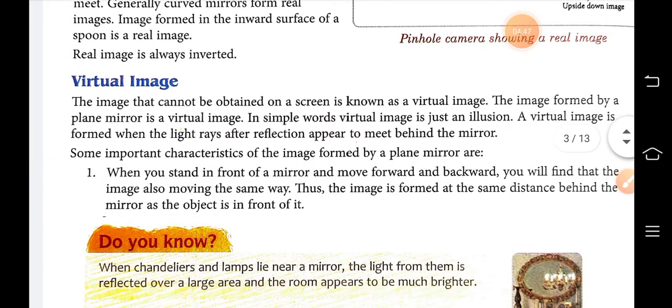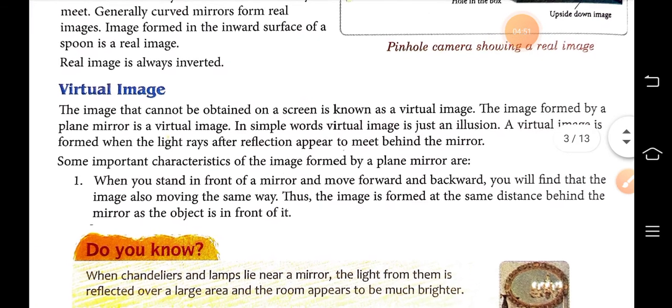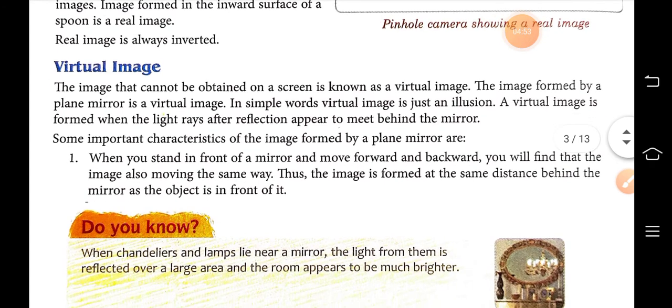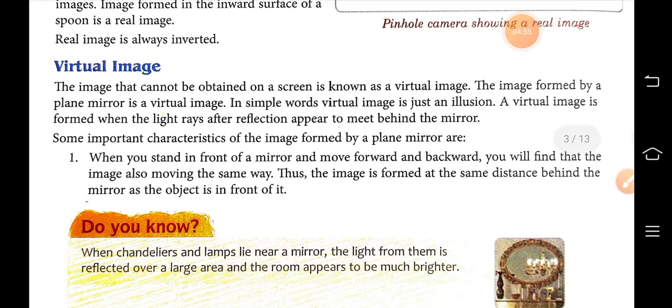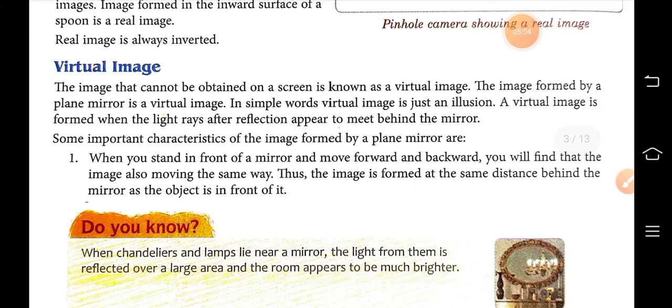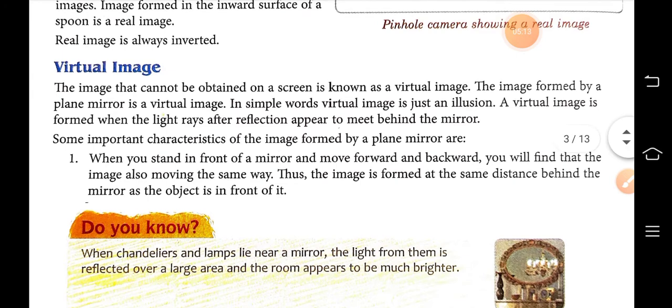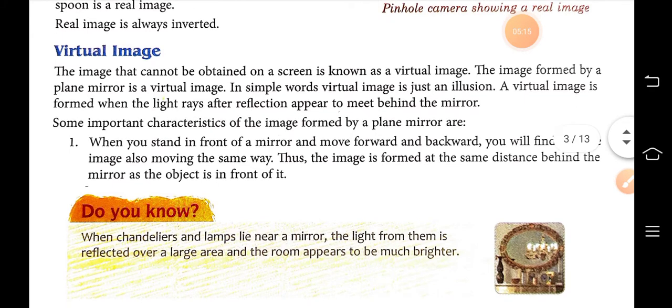And second is the virtual image. The image that cannot be obtained on a screen is known as a virtual image. That means the image is not actually forming on the screen. The image formed by a plane mirror is a virtual image. Every day we see our face in the mirror and the image formed there is virtual because it is just an illusion.